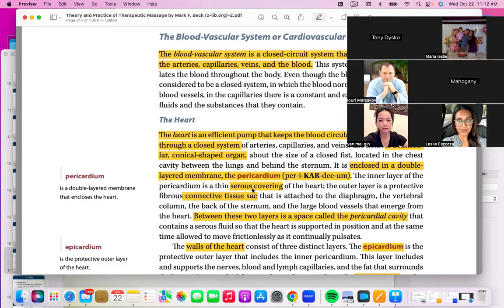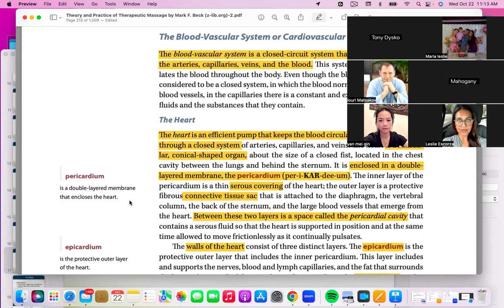It's made of serous covering, like epithelial tissue, very soft, whereas the outer layer is more protective and is made of connective tissue. It attaches to the structures around it, from the sternum to the diaphragm to the spinal column.